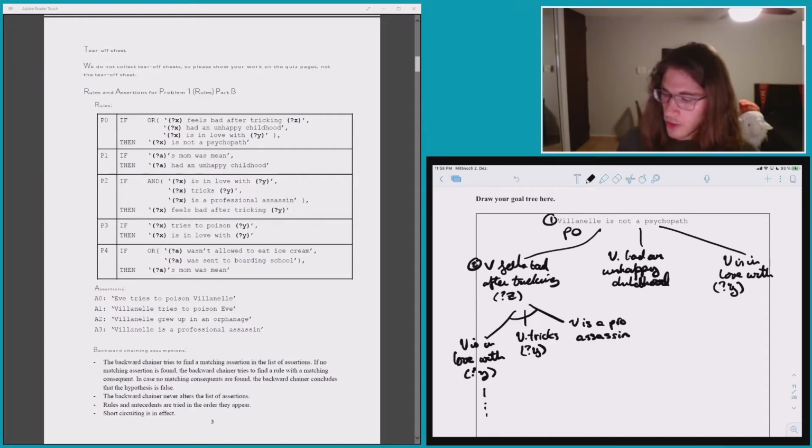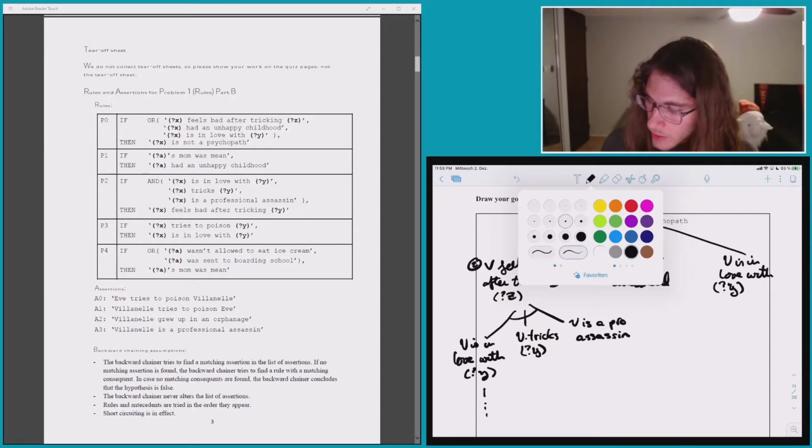But I also have to recognize this one, V tricks Y. There are no consequents that match and no assertions that match V tricks Y, which means whatever matches here wouldn't really matter because this is an AND node and the middle child I already know is not going to match anything.